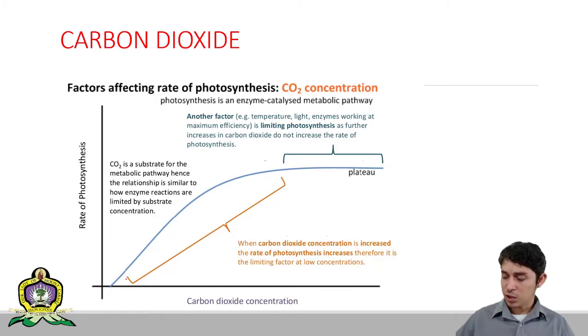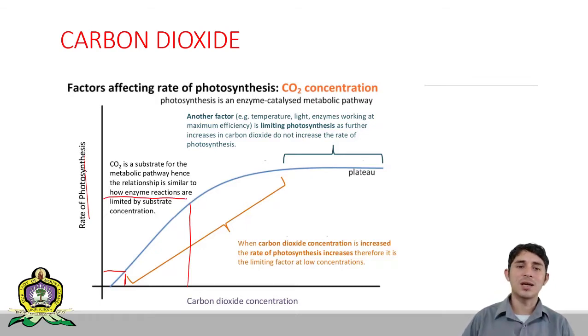We are able to see that the lower the carbon dioxide concentration, the lower the rate of photosynthesis. And if we increase the carbon dioxide, what happens to the rate of photosynthesis? It also increases, and it is very important to take note of this very fundamental aspect.